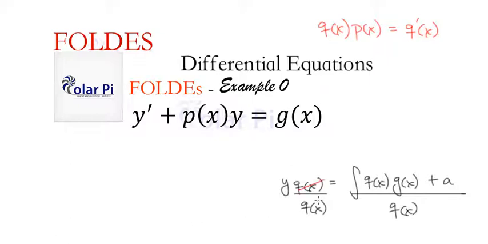So we have that y equals, well, I'm going to write this in front of the integral right there. And I'm going to write it as follows, which is q of x to the negative 1. And then I have that times integral, and then it's q of x times g of x.